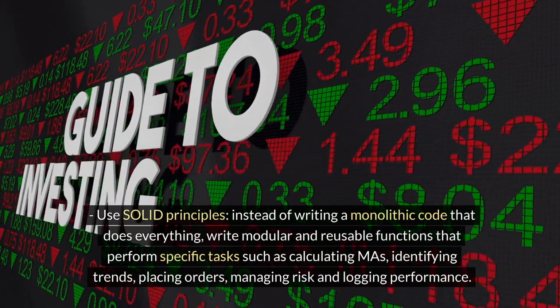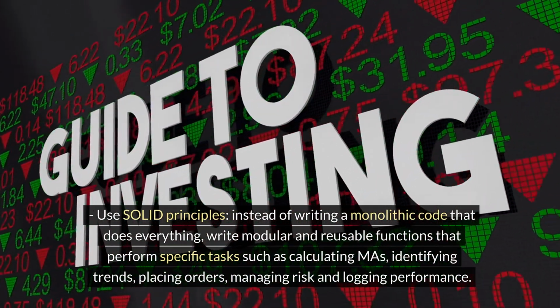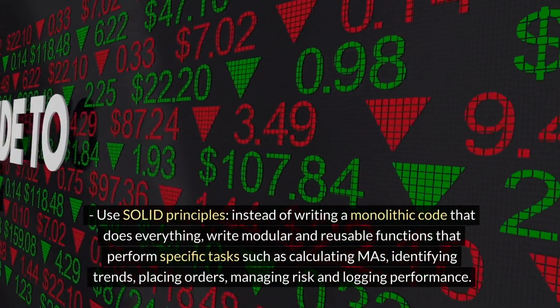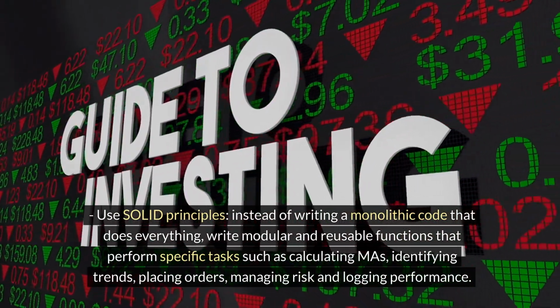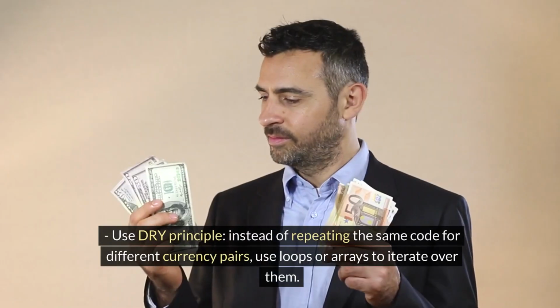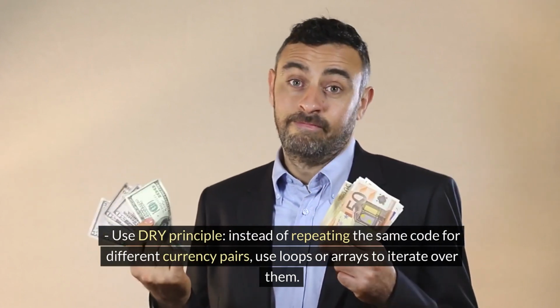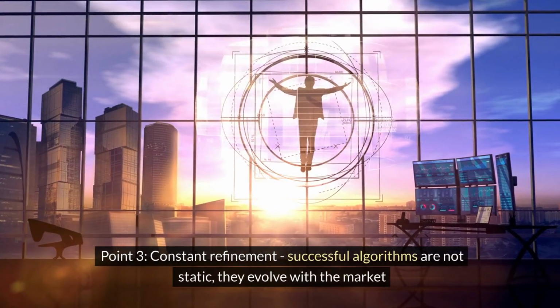Instead of writing a monolithic code that does everything, write modular and reusable functions that perform specific tasks such as calculating MAs, identifying trends, placing orders, managing risk, and logging performance. Use the DRY principle. Instead of repeating the same code for different currency pairs, use loops or arrays to iterate over them.